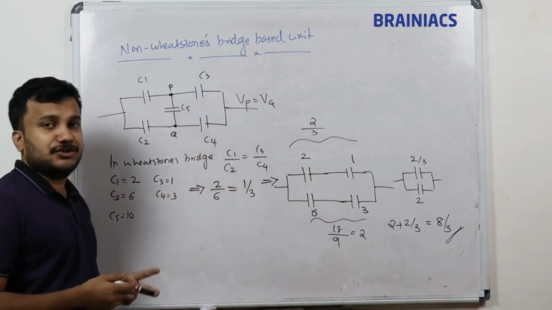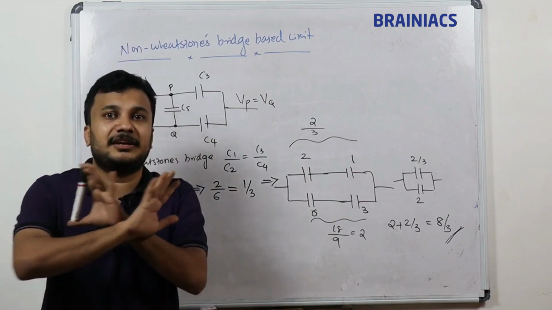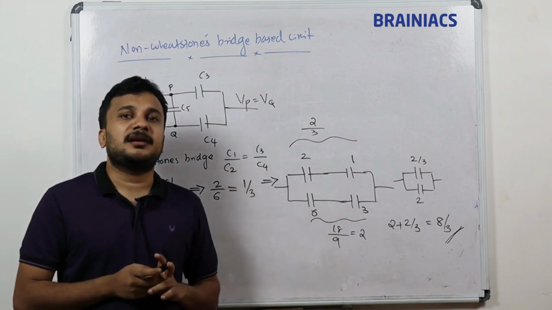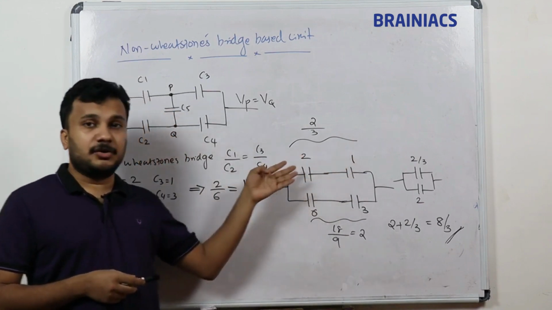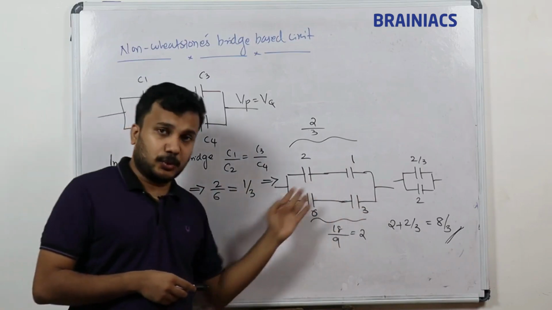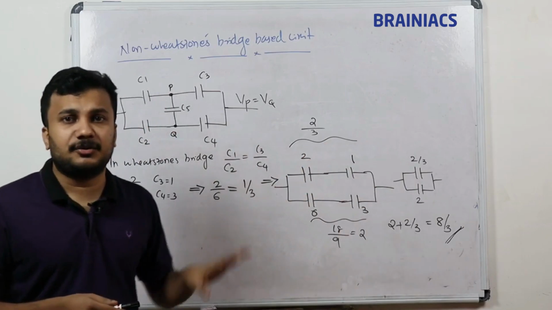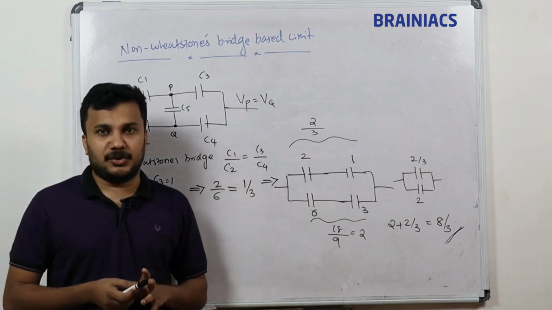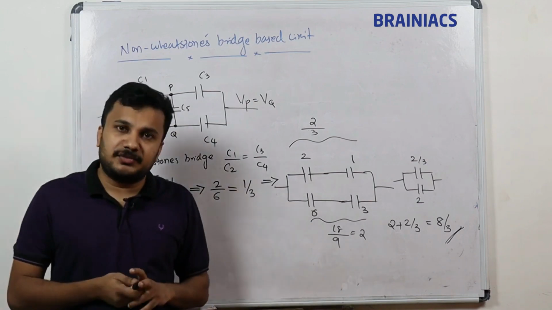The C1 by C2 ratio is equal to the C3 by C4 ratio. In that case you can remove the middle capacitance, and that makes our calculations easier. On top you will get 2 in series, on the bottom 1 series connection, and these series become parallel, and you can solve it easily. Okay, this is basically a balanced Wheatstone's bridge.